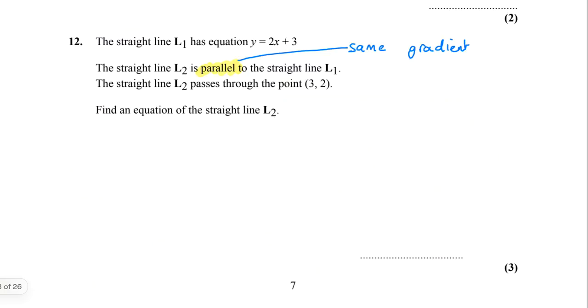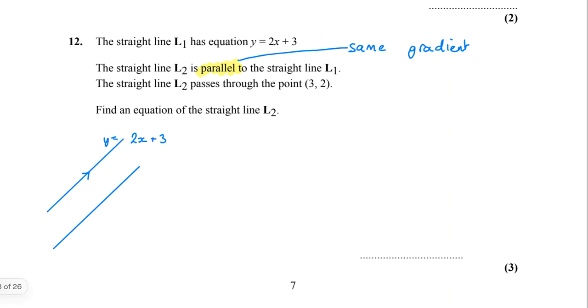So, 2x plus 3. We know that 2x plus 3 is a straight line that goes up, yeah? If it's parallel, it means it's going to be another line, okay? So this is y equals 2x plus 3.